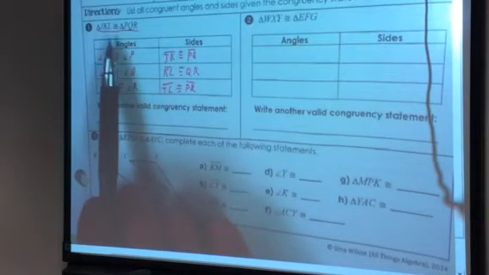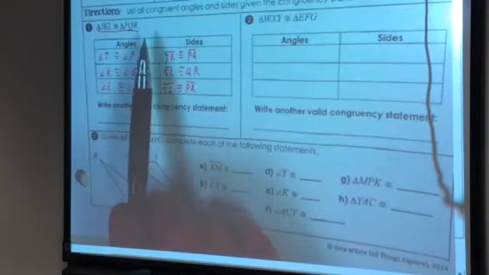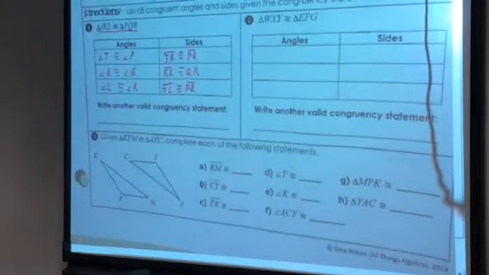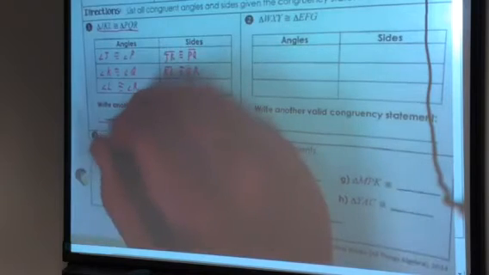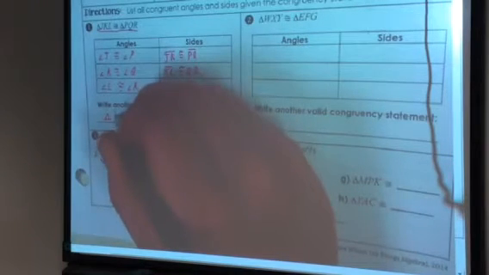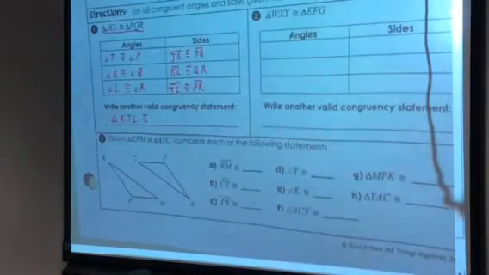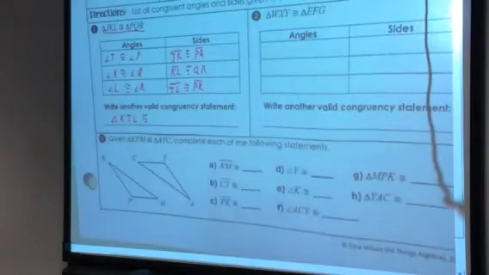Now down here it says write another valid congruency statement. All that means is I'm rewriting this, but I'm just putting it in a different order. You can put the first triangle in whichever order you want. So let's say I have triangle KJL. All I have to do now is make sure I write the second triangle in that same order, or it'd be counted wrong if you had that type of question.